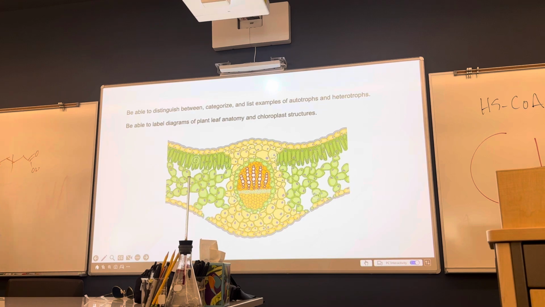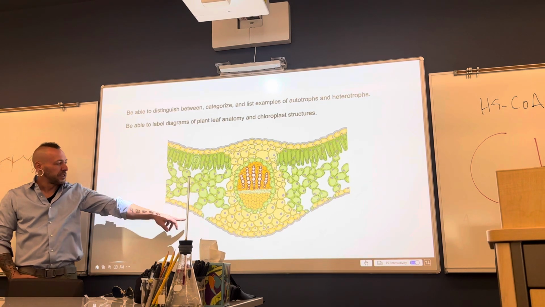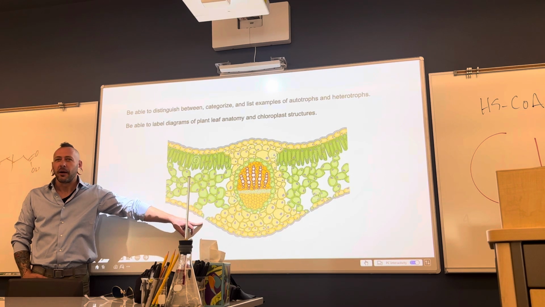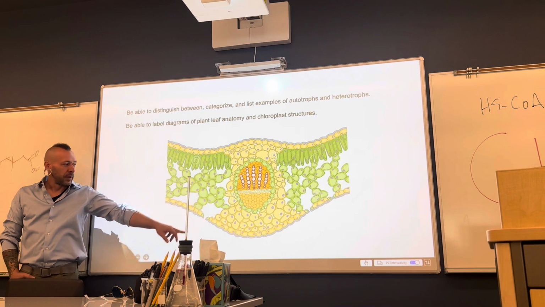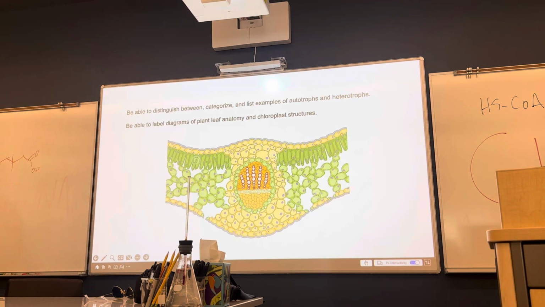Yeah, it's the epidermis. We have an upper epidermis and a lower epidermis. What's this hole here called? This hole through which oxygen enters the leaf and carbon dioxide leaves the leaf. Well, just one hole would be a stoma. Multiple would be stomata.